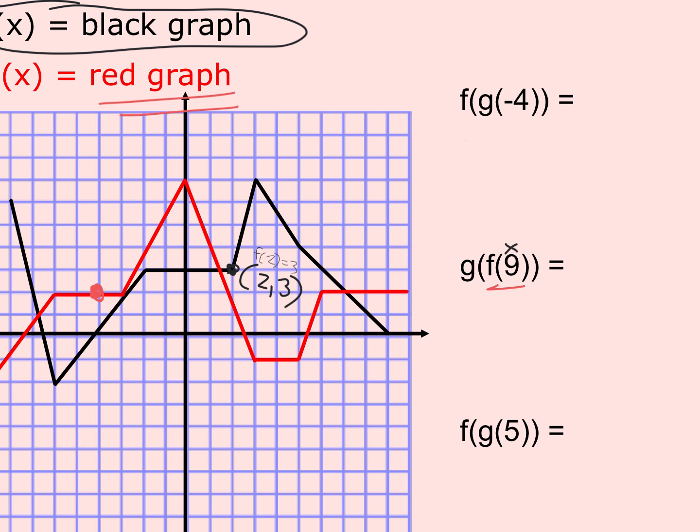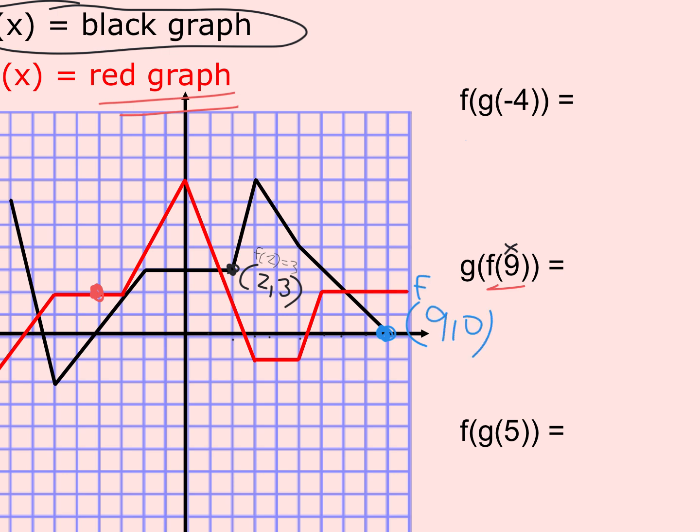On the black graph where x is 9 is what they're telling you. Pretty sure it's right there. That's where x is 9. I just counted it. That's 9. It's on the black graph. It's 9, 0.